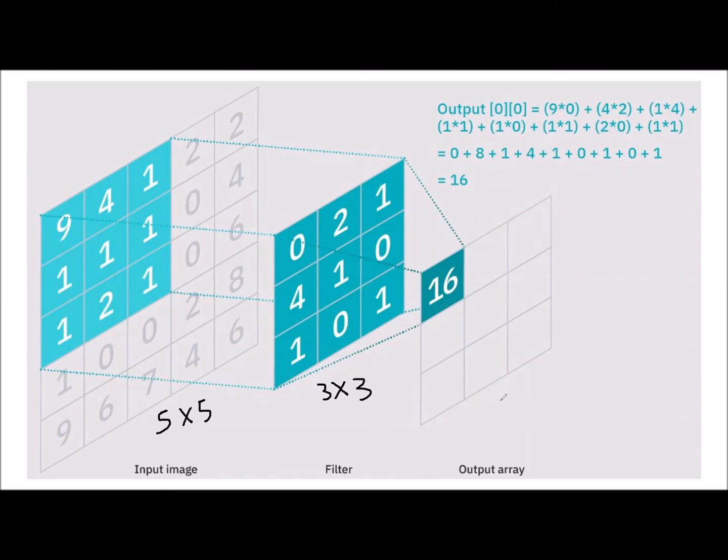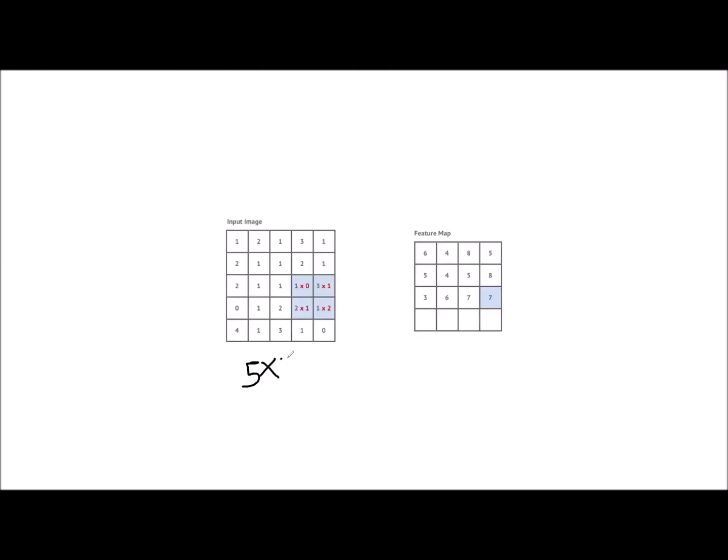The feature map matrix size is 5 minus 3 plus 1, so it is a 3 by 3 matrix. Now the input image size is 5 by 5 and the filter size is 2 by 2. So 5 minus 2 plus 1, so the output feature map size is 4 by 4.